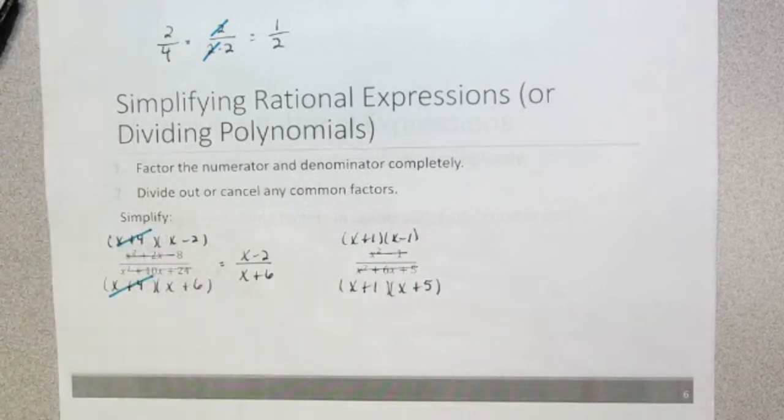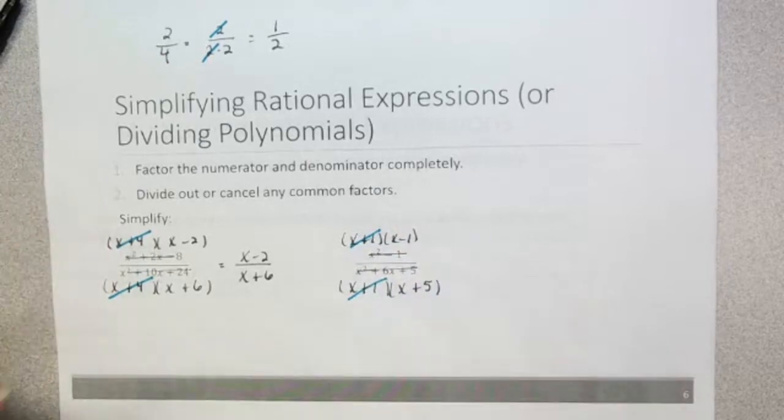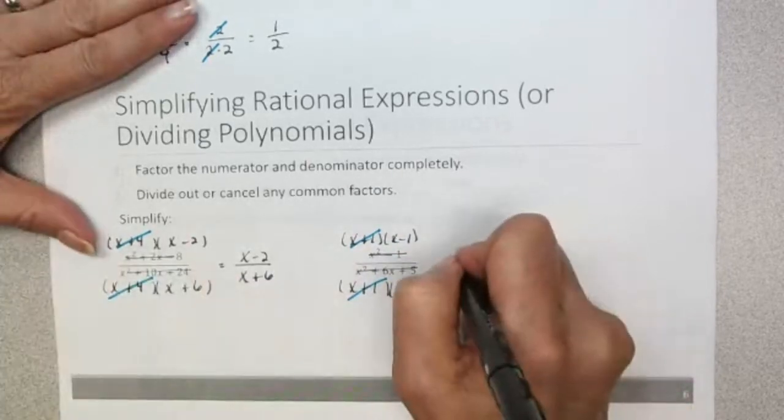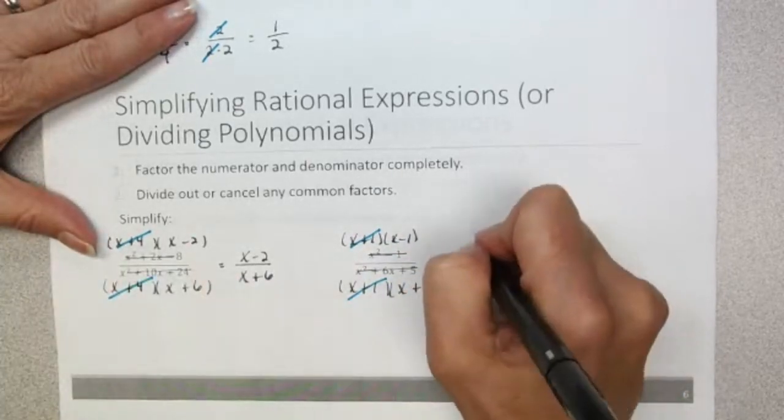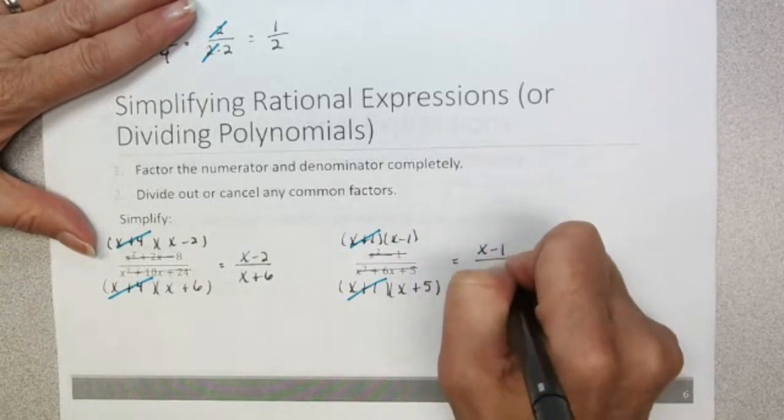Okay, we can see we have a common factor between the numerator and the denominator. It's the x plus 1. They'll both divide out. So the simplified version of this expression is x minus 1 over x plus 5.